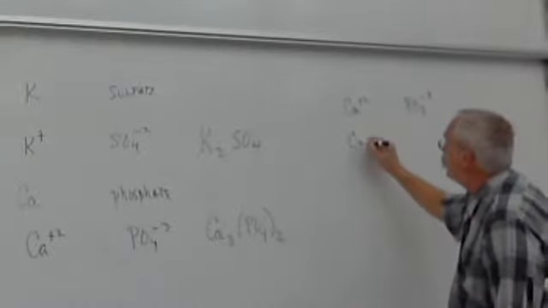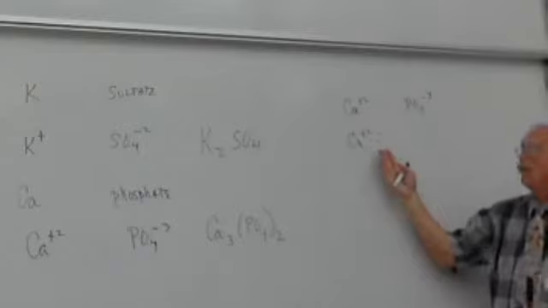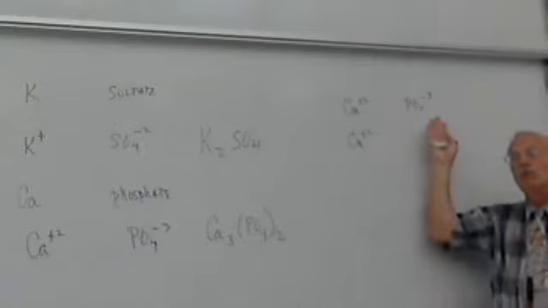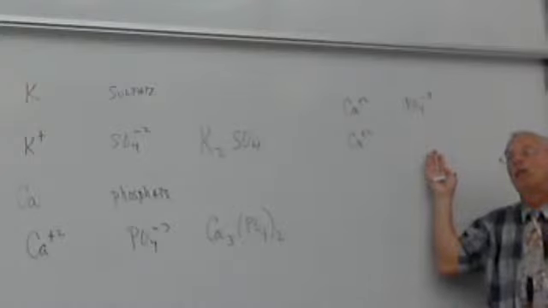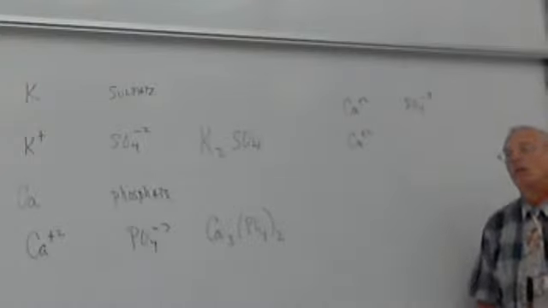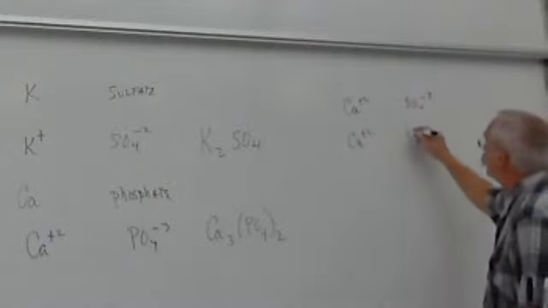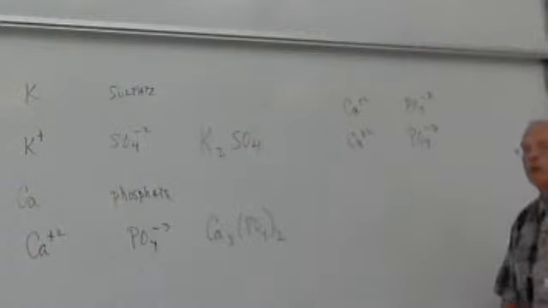So I have to take another calcium, because that's the only way I can get more positives. Now, what's the total positive charge I have? +4. Total negative charge? -3. Do those match? Which do I need more of? Negative. The only way to get more negative is to take another phosphate, which comes as a -3.